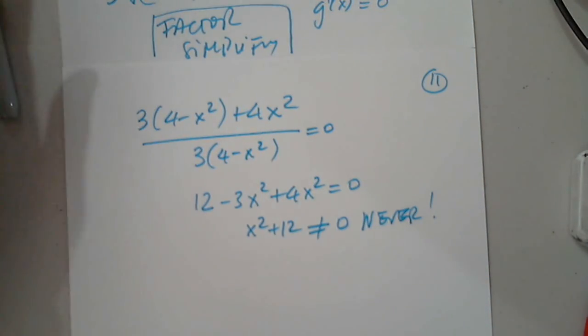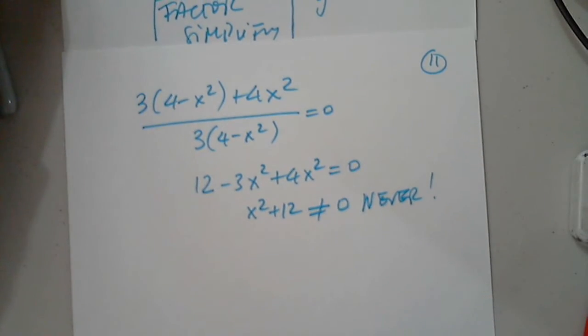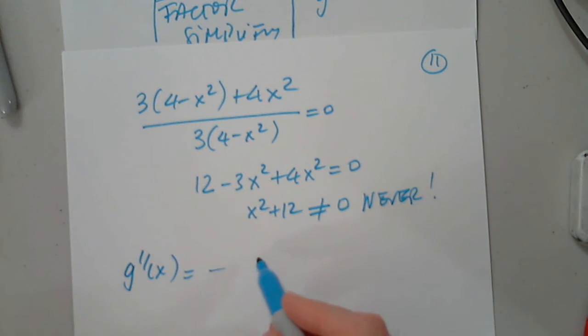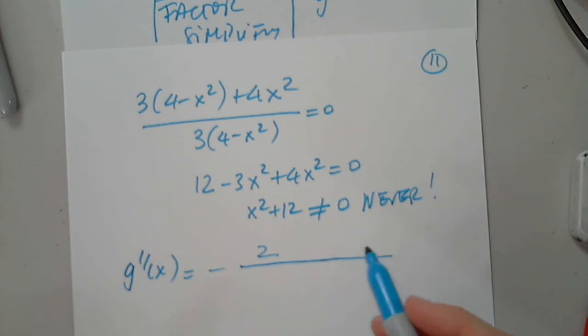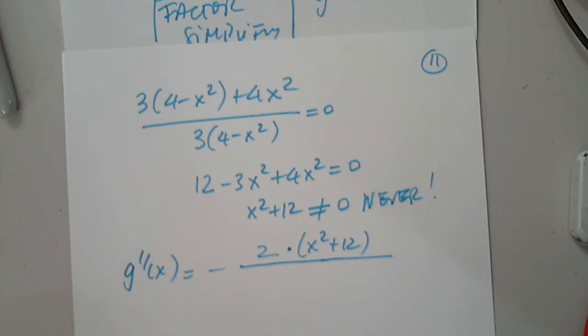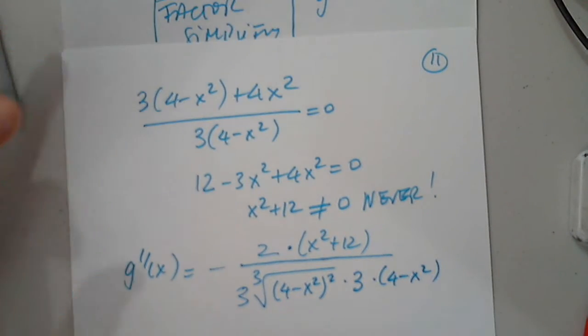So now I need to study the sign. I'm just going to rearrange this function one more time here to discuss the sign. So -2 times (x squared plus 12), because that's what I had, over 3, the cube root of (4 minus x squared) squared times that denominator, times another 3, and times (4 minus x squared).